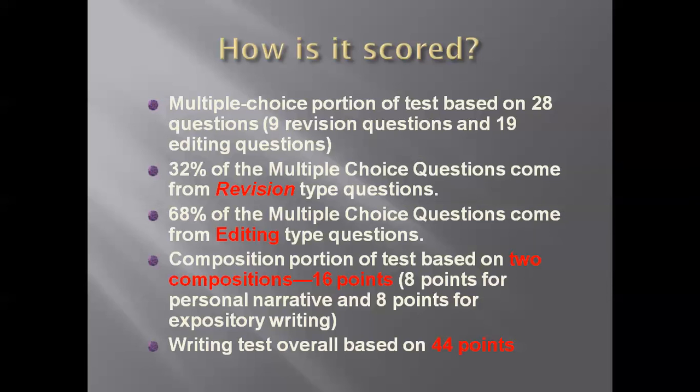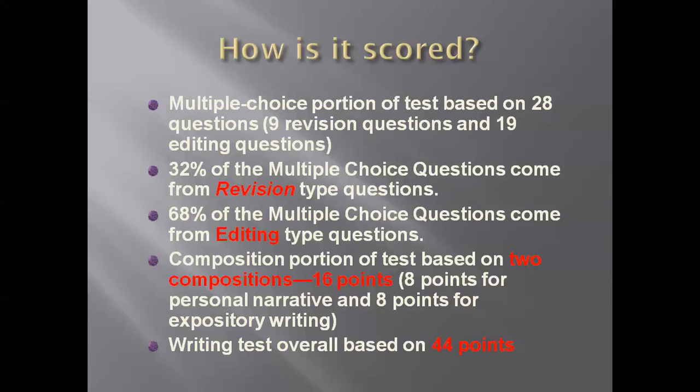So if you base those 2 as a part of the test, just the revision and editing multiple choice part, you're looking at 9 from revision, 19 from editing. You bring them together, 32% comes from revision of that portion, and 68% comes from editing.